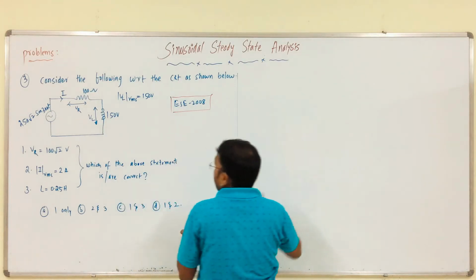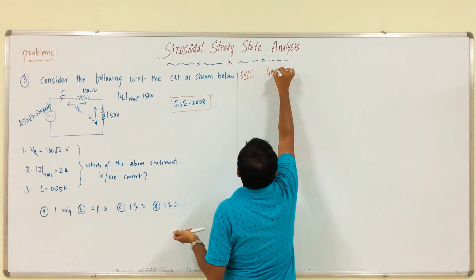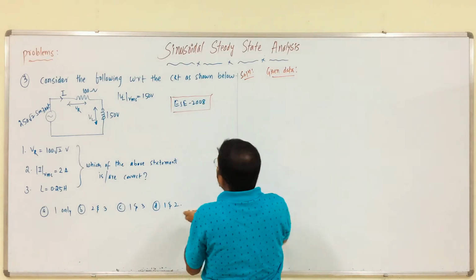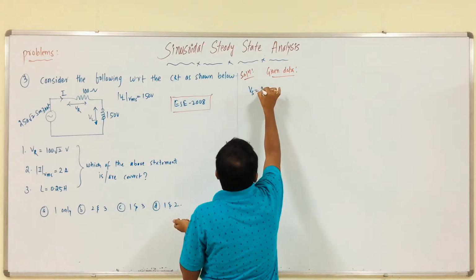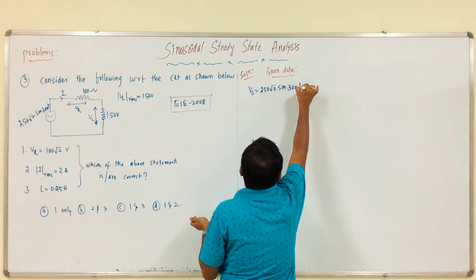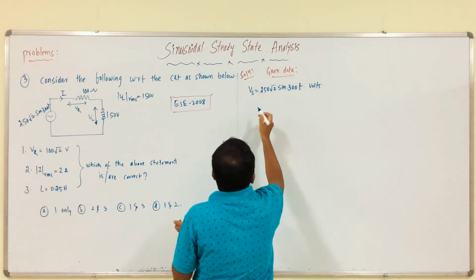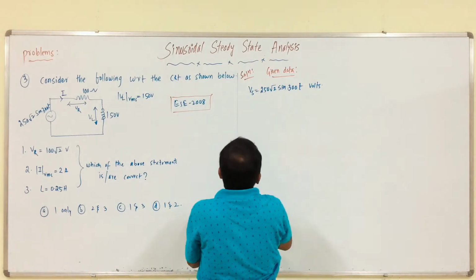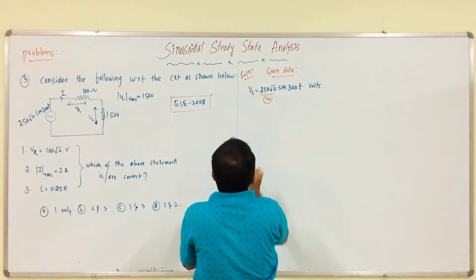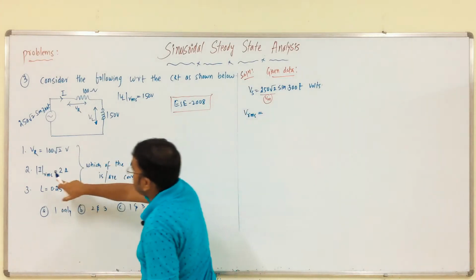So, first, given data, solution. Given data: the provided supply voltage is 250 root 2 sin 300 t volts. So this is Vm. Therefore Vrms is, because he provided all the data with respect to RMS.